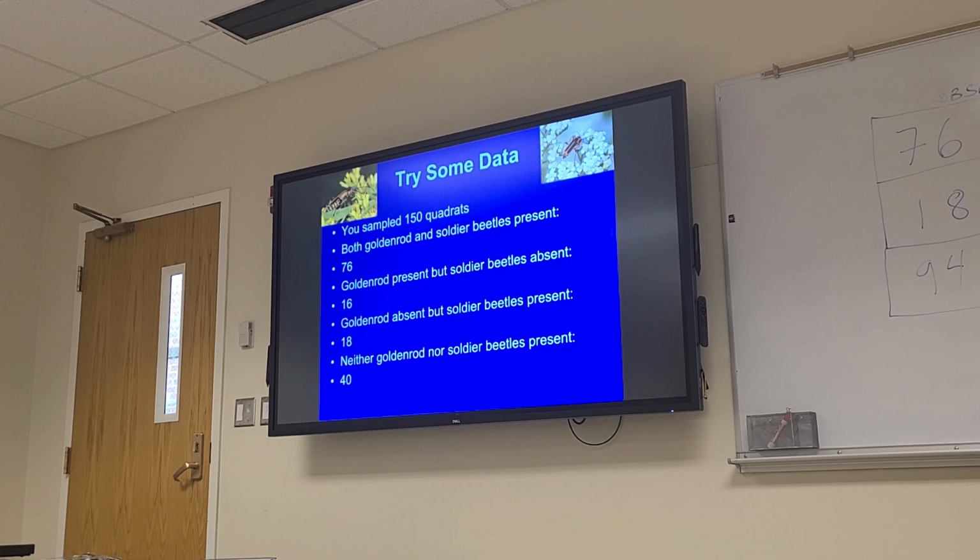And last but not least, 40 minus 22, squared, divided by 22. 14.7. Okay, 14.7.